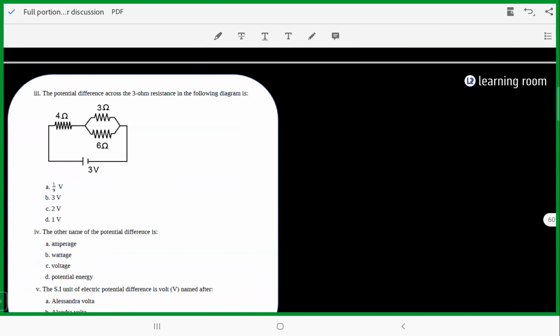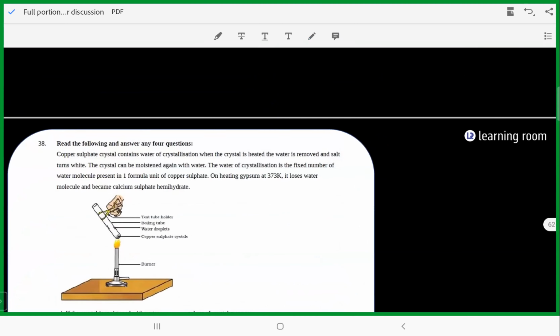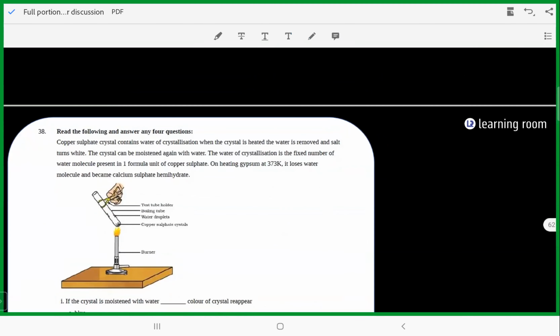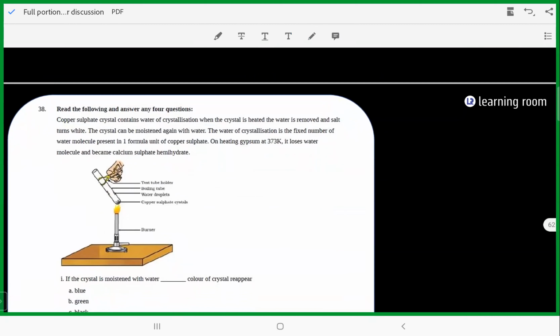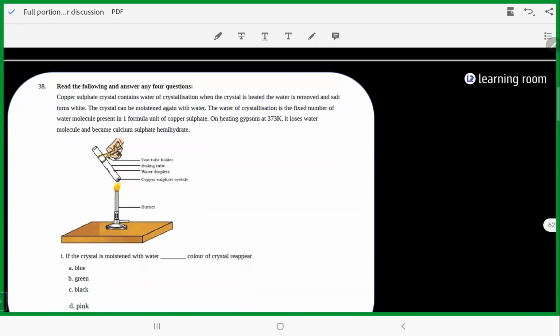Then our question is 38. Read the following. Copper sulfate crystal contains water of crystallization. When the crystal is heated, water is removed as the salt turns white. The crystal can be moistened again with water. The water of crystallization is the fixed number of water molecules present in one formula unit of the copper sulfate. On heating at 373 Kelvin, it loses water molecules and becomes calcium sulfate hemihydrate.